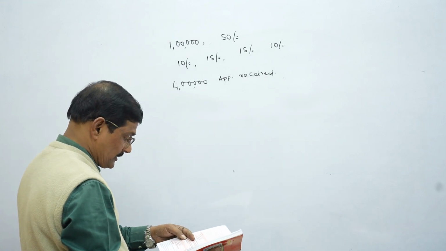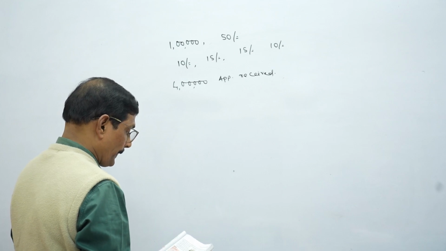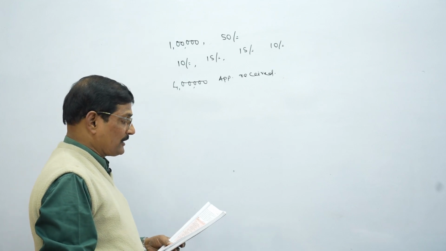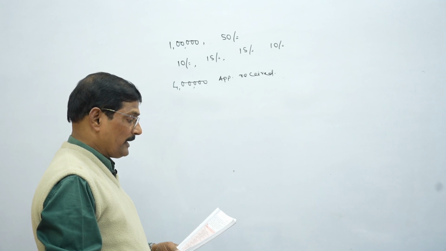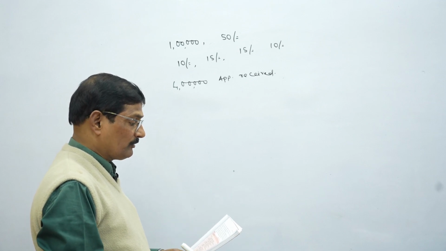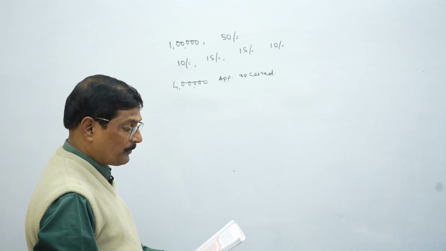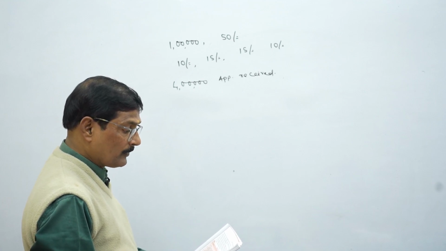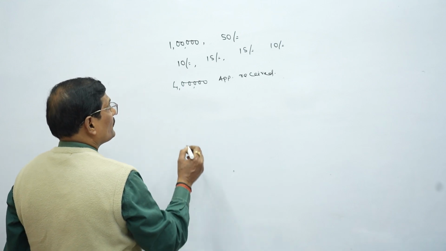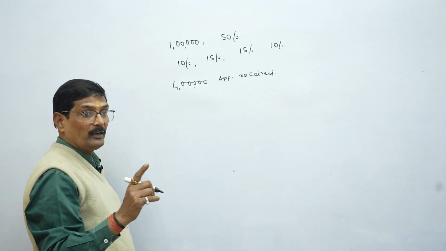And the question says, pro rata allotment of 25% of the shares applied for to every applicant.